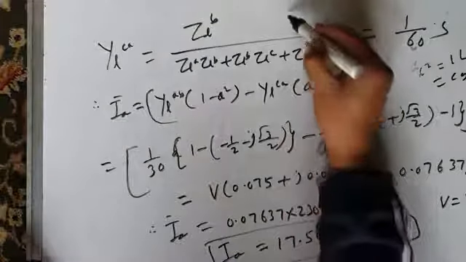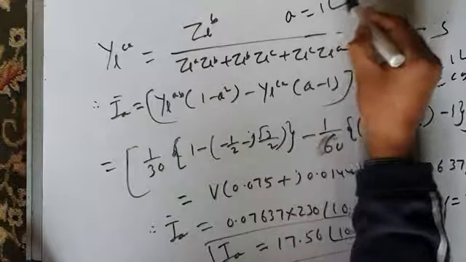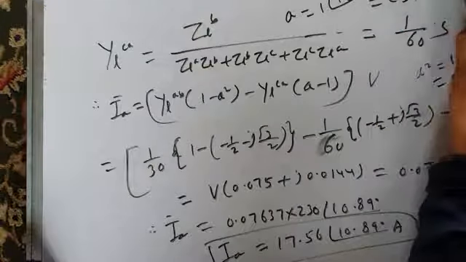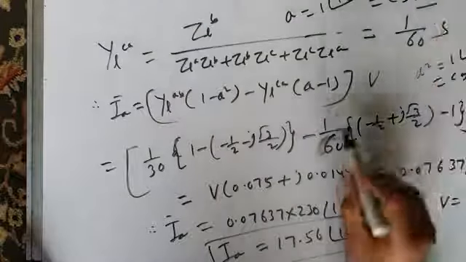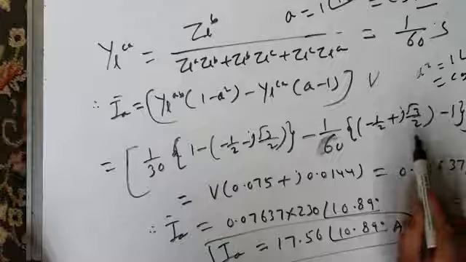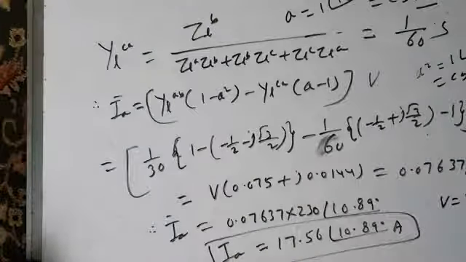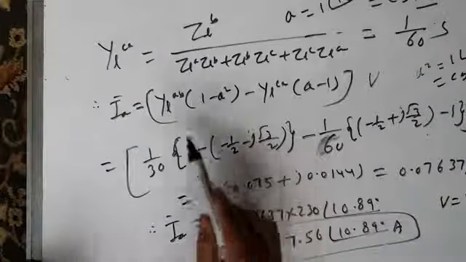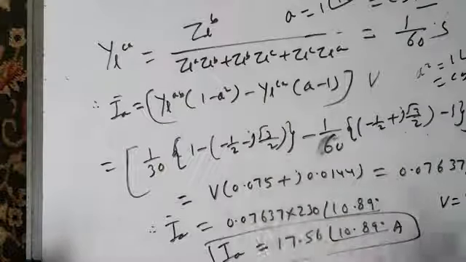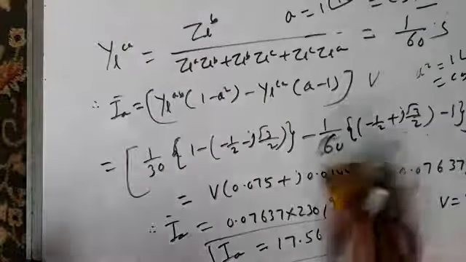And operator A? A is 1 at an angle of +120 degrees, that is cos 120 degrees plus j sin 120 degrees. Cos 120 degrees is -1/2, and sin 120 degrees gives j√3/2. We have already defined these operators in symmetrical components. So put them here.